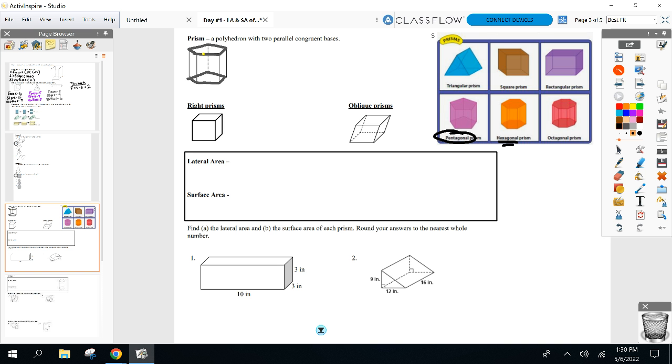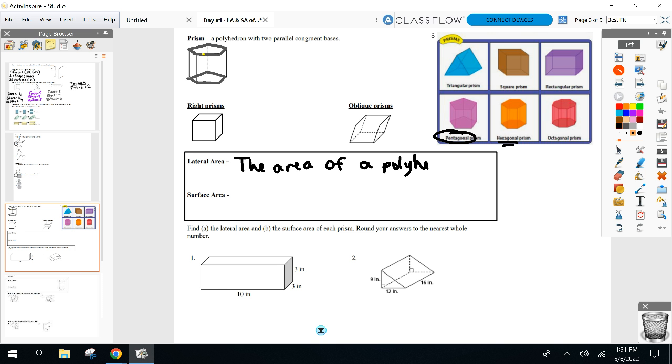All right. So here we go. Here's where we're going to live today. Lateral versus surface area. First of all, have we ever heard those terms before? Lateral or surface? All right. Let's start with lateral area. Here's my definition, the most you're going to have to write down today. Lateral area. That's the area of a polyhedron's faces.